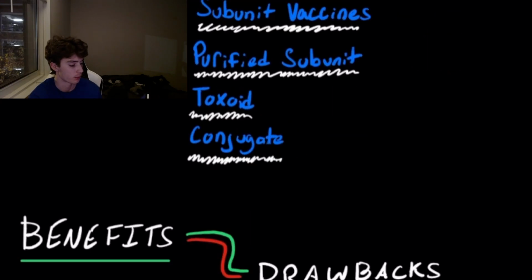Next vaccine would be conjugate vaccines. Conjugate vaccines are vaccines that contain some sort of weak antigen. Usually it's a sugar capsule, so a polysaccharide capsule within bacteria. And then you would combine that with a protein that would enhance your body's immune response.